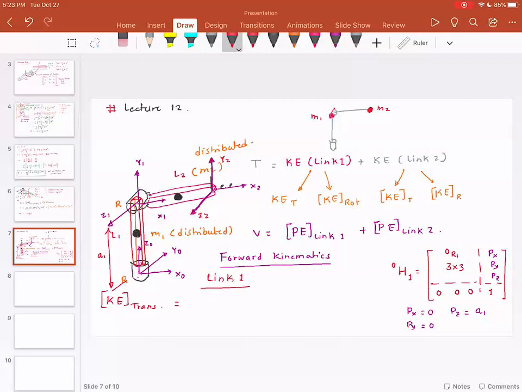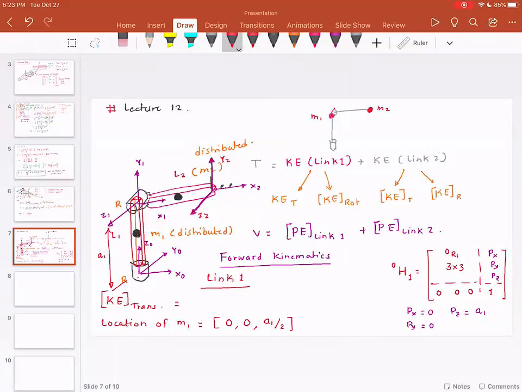And the location of m1, I'm going to write this down here. Location of m1 is 0 about x naught, 0 about y naught, and a1 by 2 about z naught.